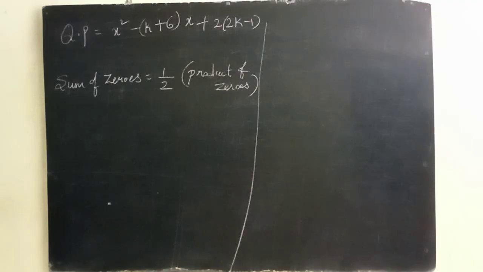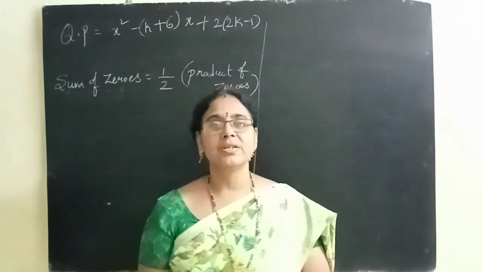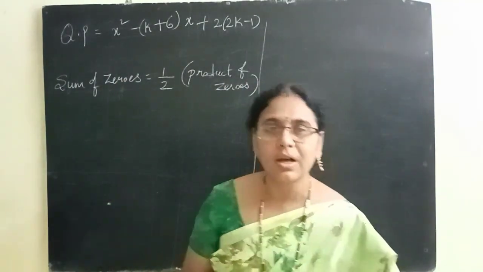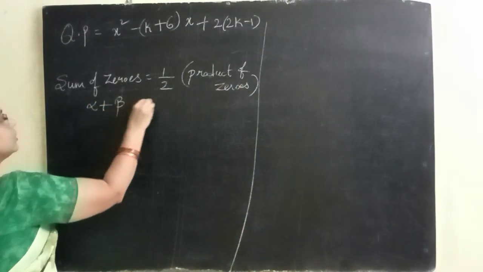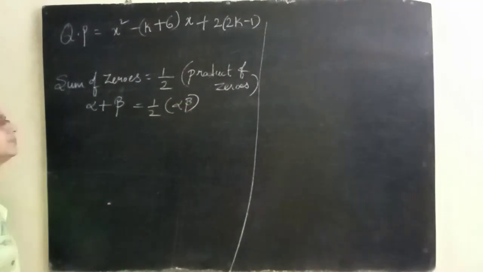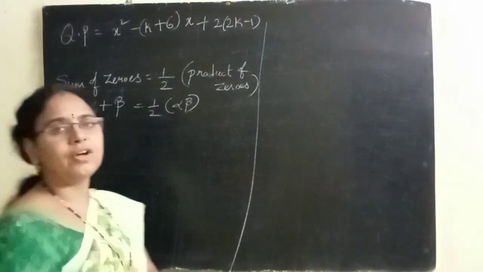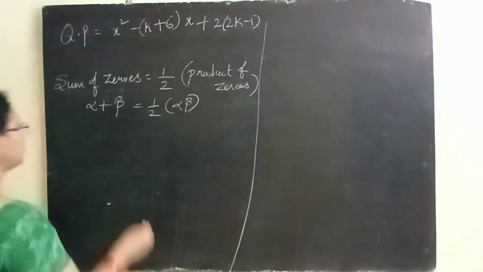Okay. How can you find? Very clearly he has given that the sum of zeros is half of their product. Sum of zeros means what? Alpha plus beta. Alpha plus beta is equal to half of the product of zeros, alpha into beta. Already you just learned the formula. Sum of zeros, what is the formula? Minus b by a. Product of zeros, what is the formula?